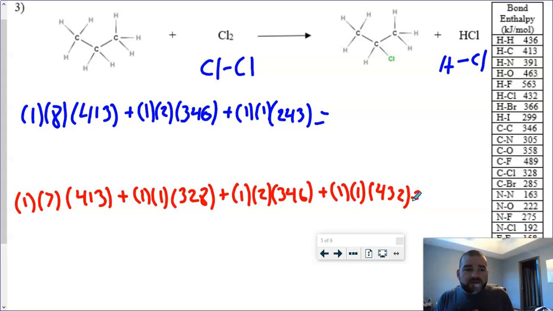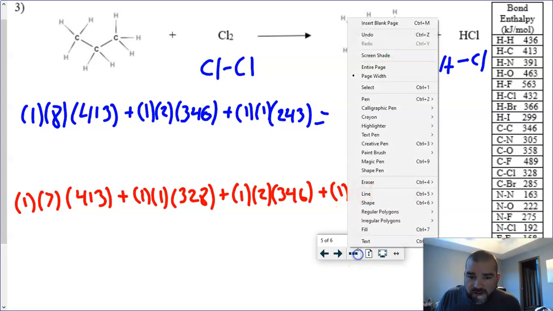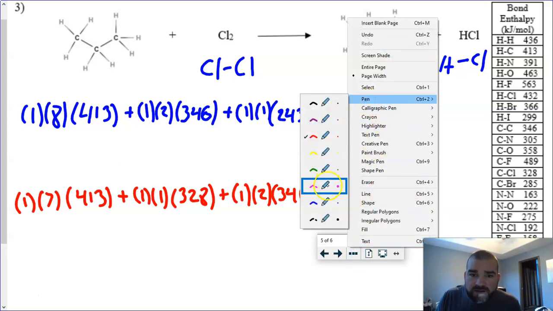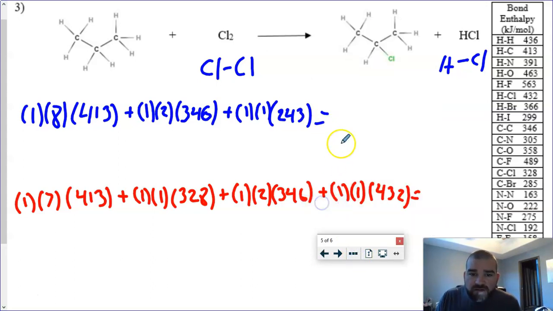Now it's just the math, so let's punch all this stuff in. So 1 times 8 times 413 plus 1 times 2 times 346 plus 243, because 1 times 1 doesn't do anything, obviously. And I get, for the reactant side, a total of, uh-oh.